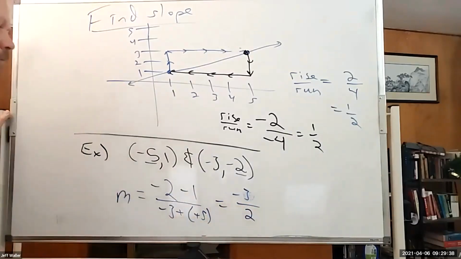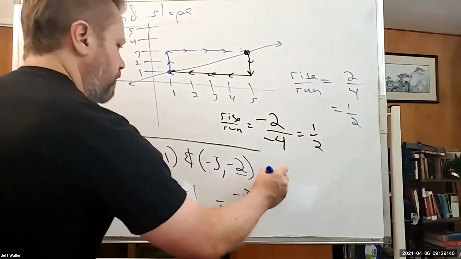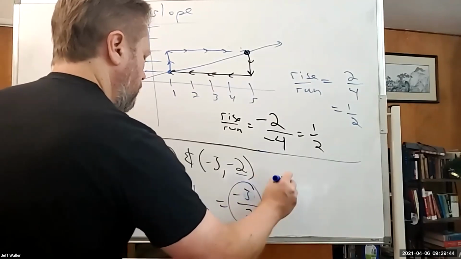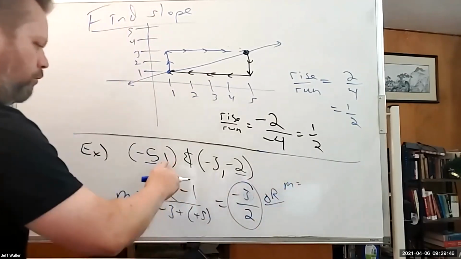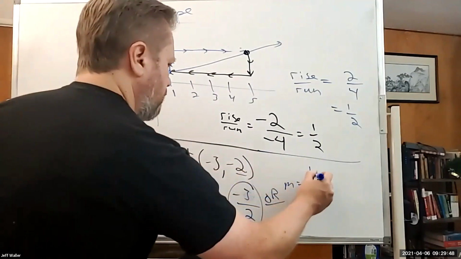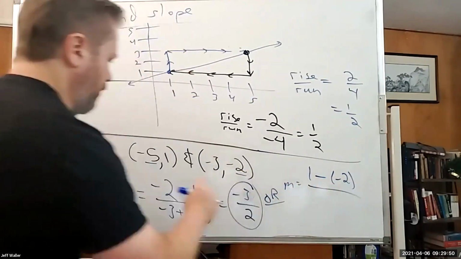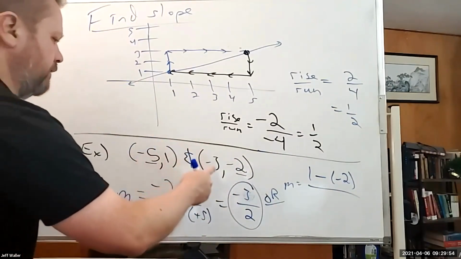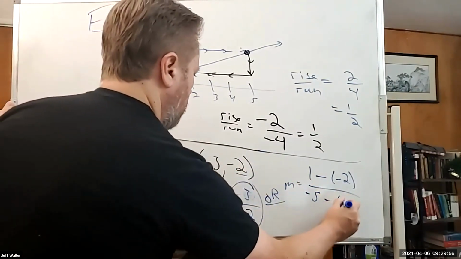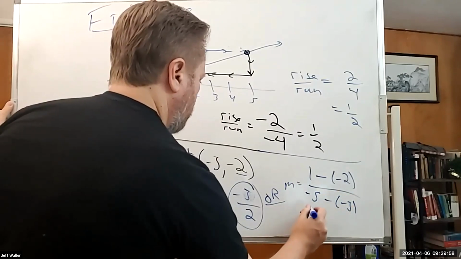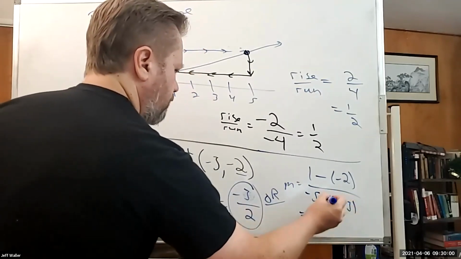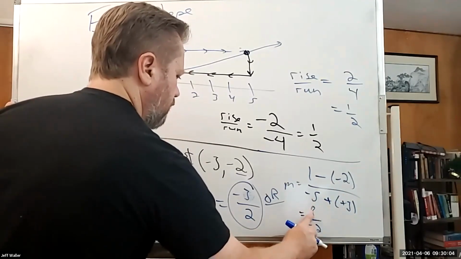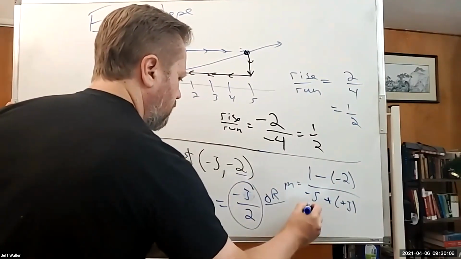Now, if you had done it the other way, where you do 1 minus -2, so I'm going this way, then I do -5 minus -3, I would have gotten 3 over -2, which is the same thing.